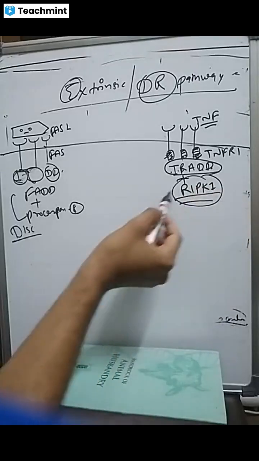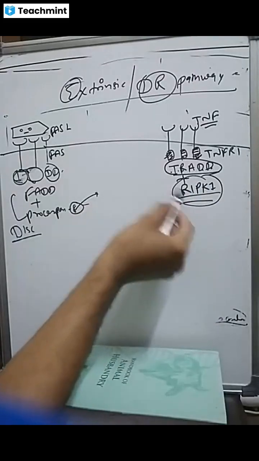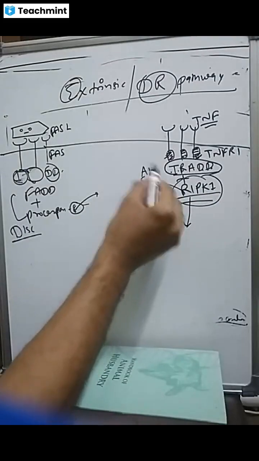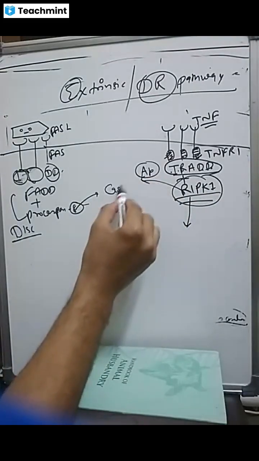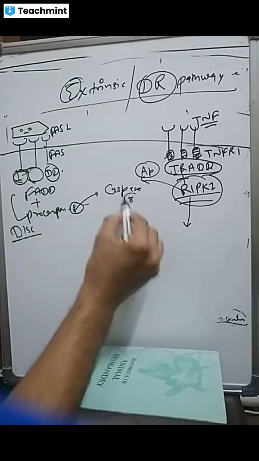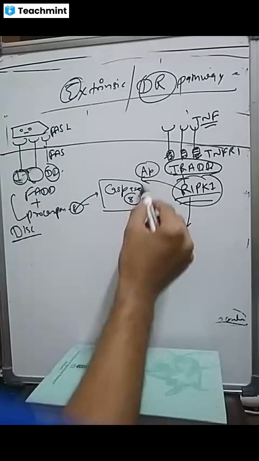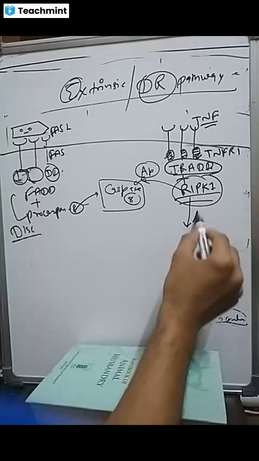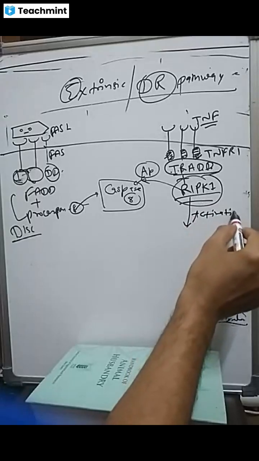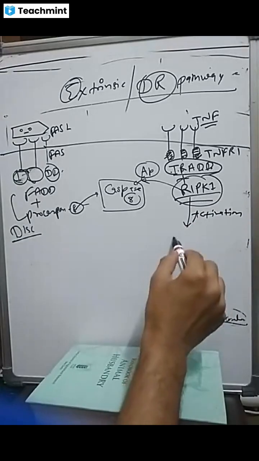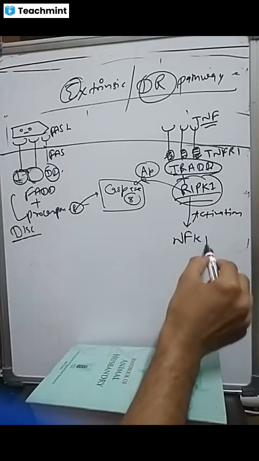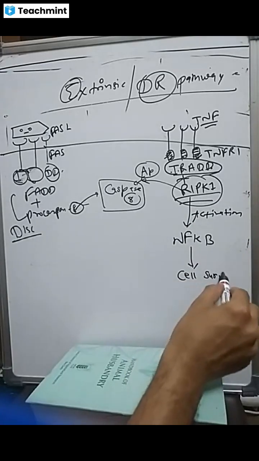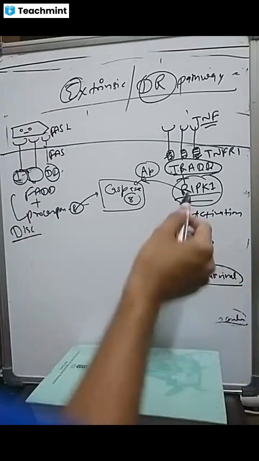This may lead to two things. One, it may favor apoptosis by activation of caspase 8, or it may help in cell survival by activation of some molecules known as NFKB. So two things are there.